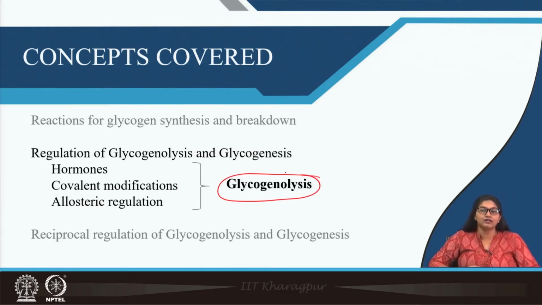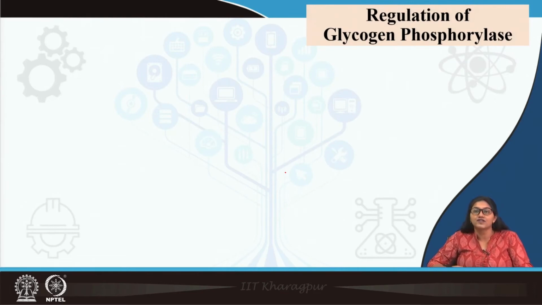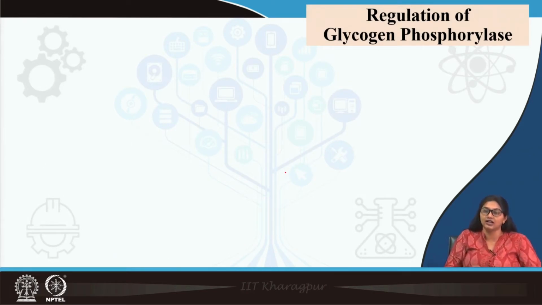If you remember, the most important enzyme of glycogenolysis, as we discussed in the last class, is glycogen phosphorylase. So, the regulation is mainly over this enzyme. How this glycogen phosphorylase is regulated is the regulatory mechanism of glycogenolysis.